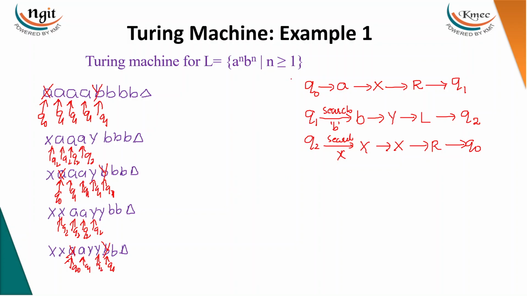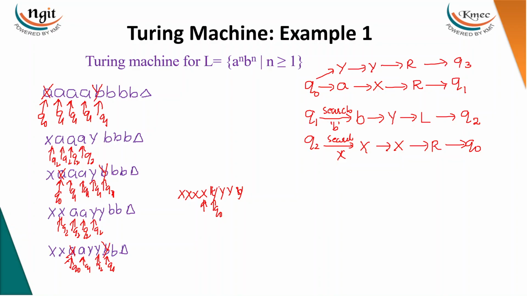So when all the A's change to X, assume that, and all the B's change to Y, the last B is changed to Y and it searches for the X, and we give the task to Q0. But Q0 encounters Y. What does that mean? Don't do anything, move right and give the task to Q3.